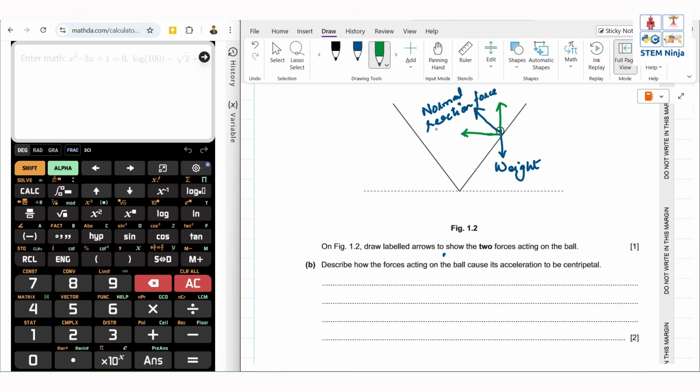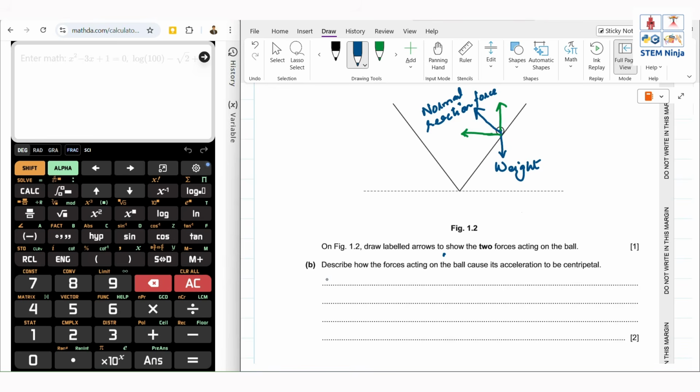So the horizontal component of the normal reaction force is contributing to the centripetal force, is equal to the centripetal force, and that's exactly what our answer is going to be. So the vertical one is just simply equal to weight, and it's perpendicular to the direction of the circular path, so it's not contributing. But the horizontal component of normal reaction force is equal to the centripetal force. So that's exactly what we just need to write.